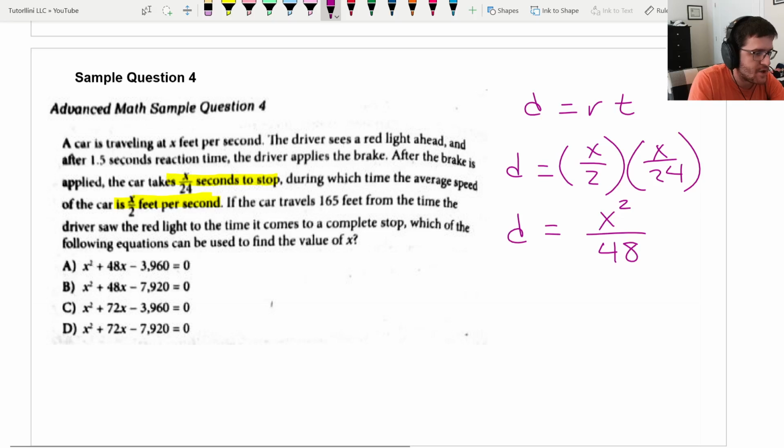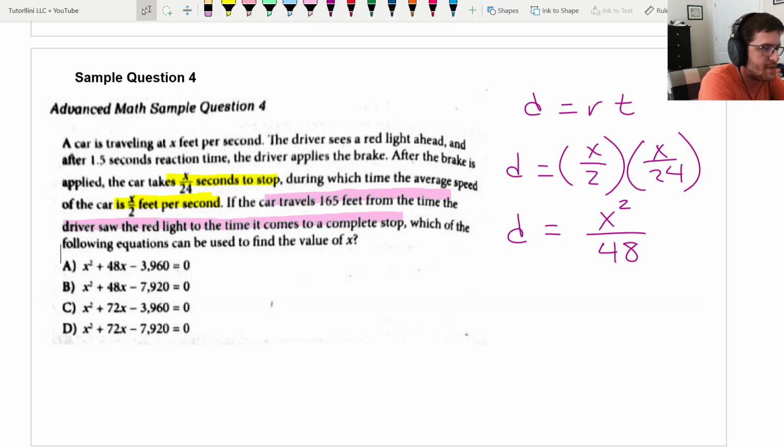It says the car travels 165 feet from the time the driver saw the red light to the time it comes to a complete stop. Okay, so this is just telling you the stopping distance. So I think we have to use that to write an equation somehow. Let me see.